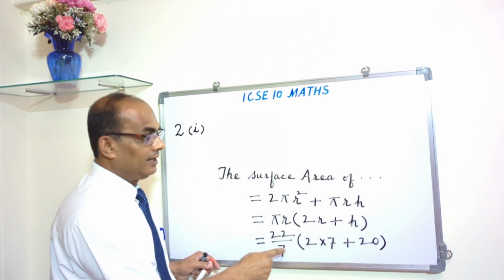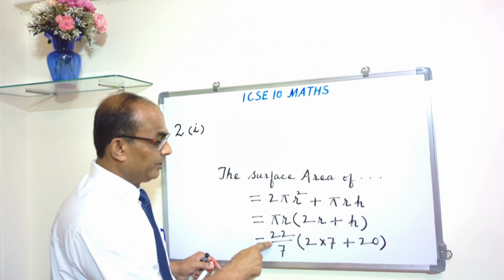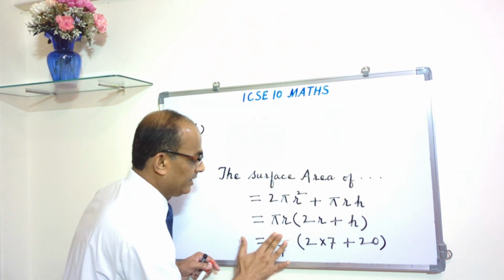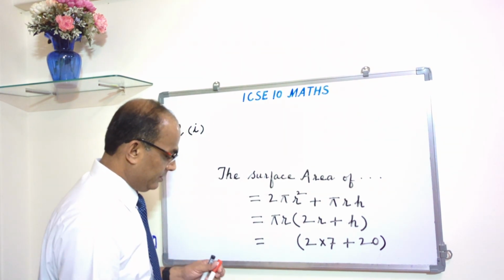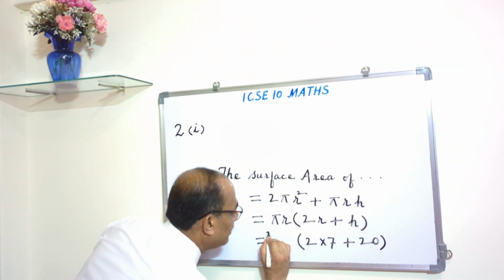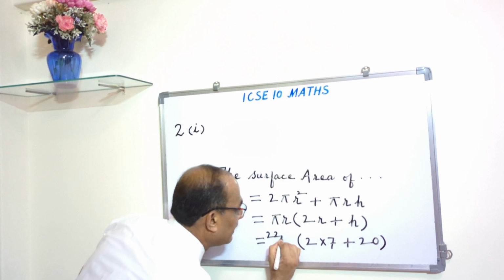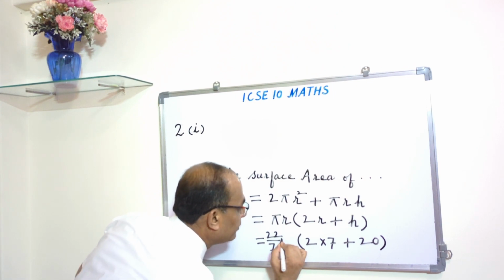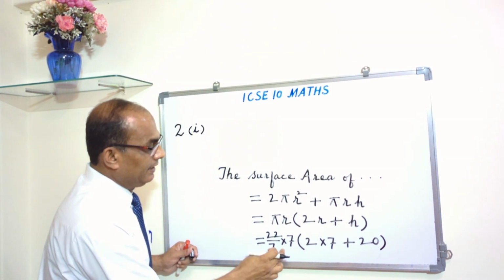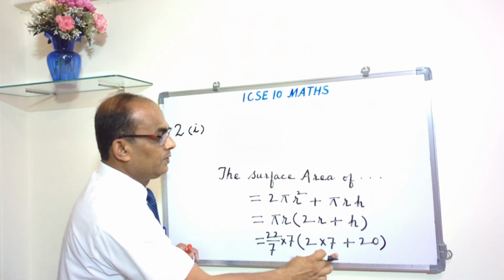This is only pi, r is also there. So I should write down 22 upon 7 into 7. Alright, let me do that correction. Pi r, 2r plus h.